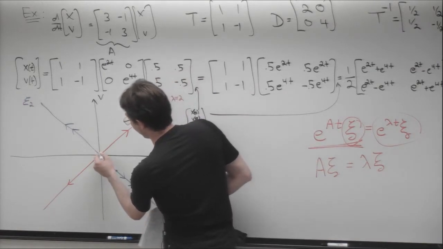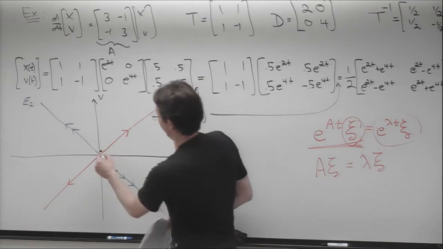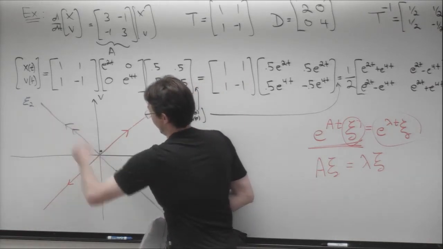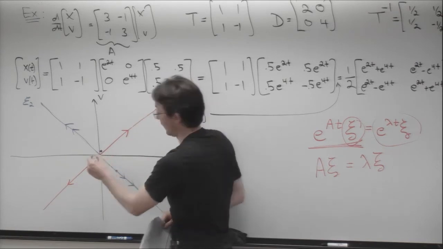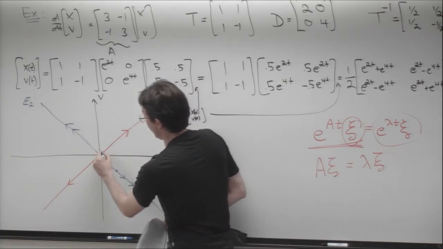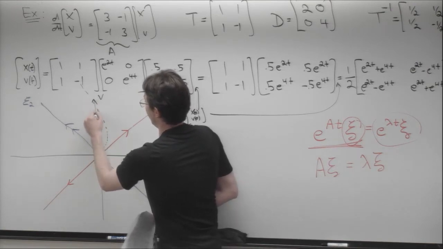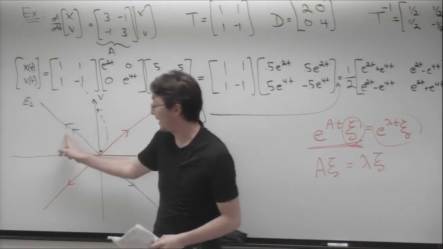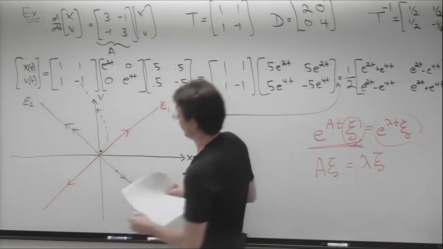If I start with a little test particle here, it's going to move both in the C2 and the C1 directions because it's got a little bit of both. It's going to start moving in the C1 direction, and then it's going to accelerate into the C2 direction because this is faster. So you get these quadratic-looking trajectories.